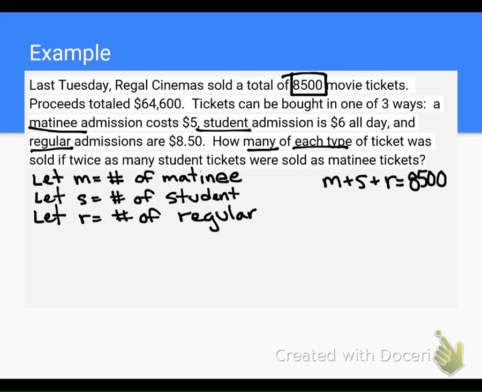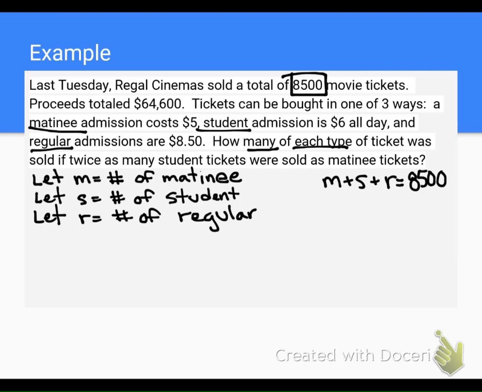Now, looking at the second sentence, it says that the proceeds, so the money that they earned, totaled $64,600. We need to think of how much money they got for each type of ticket. They got $5 for each matinee ticket. So if they sold 5 matinee tickets, they would have gotten $25.